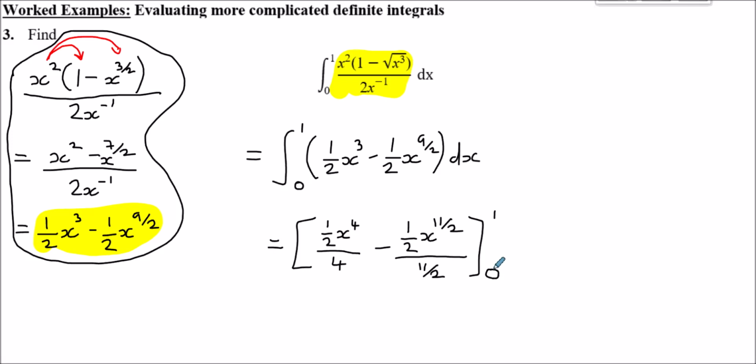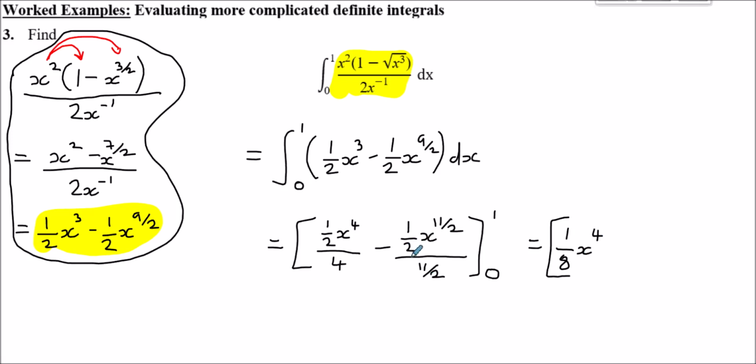Now, this still looks a bit messy, so let's neaten this up. And again, with practice, you'll be able to do this almost automatically and not have to do this as two separate steps. But for now, I'm showing you the steps separately. So half divided by 4, that's going to leave us with 1/8 x to the power 4. Over here, a half divided by 11/2.